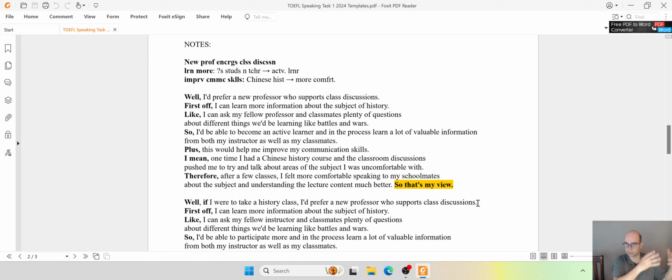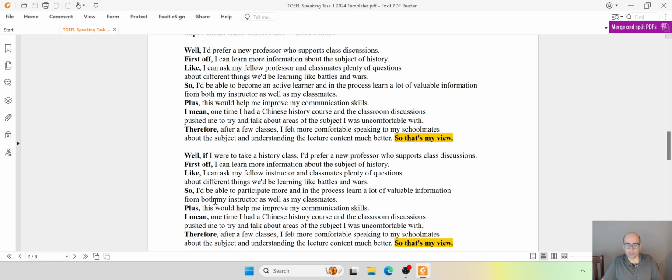Well, I definitely like to do that. But if you're brave and you're comfortable with it, why not go for it? Well, if I were to take a history class, I'd prefer a new professor who supports class discussions. So it's up to you, but you got to work on your speed and your comfortable ability. Okay. All right.